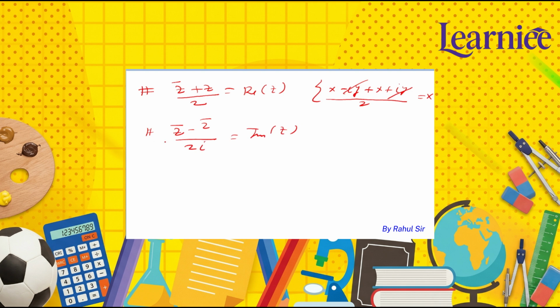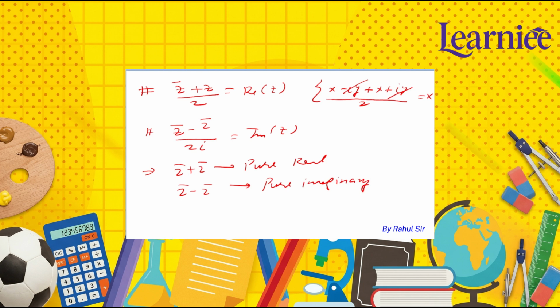So we can say that z bar plus z is a pure real number, whereas z bar minus z is a pure imaginary number.